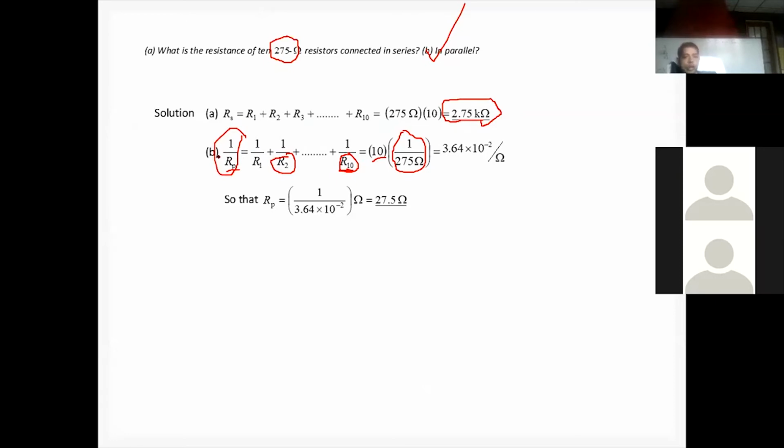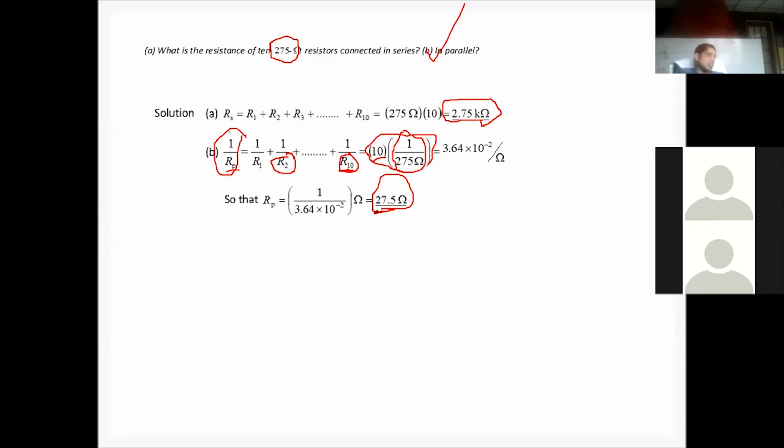Take the reciprocal of this, which is RP, and take the reciprocal of this, which is 275 divided by 10. If you do 275 divided by 10, you get 27.5, right? That's how you get RP.